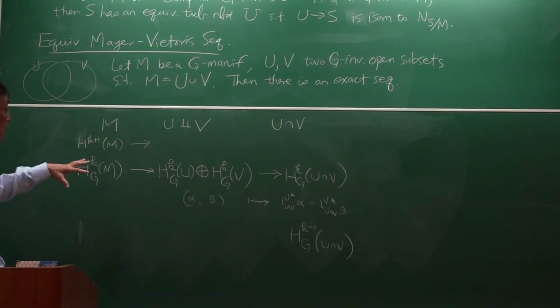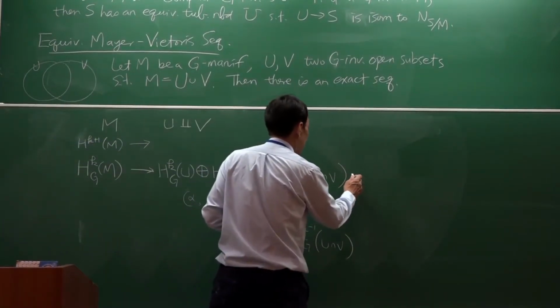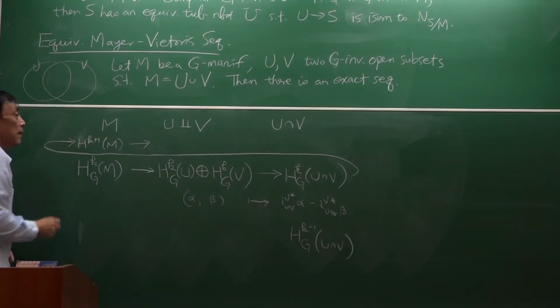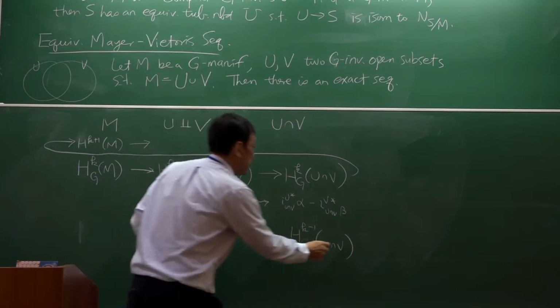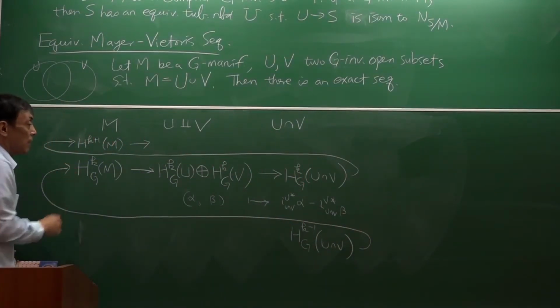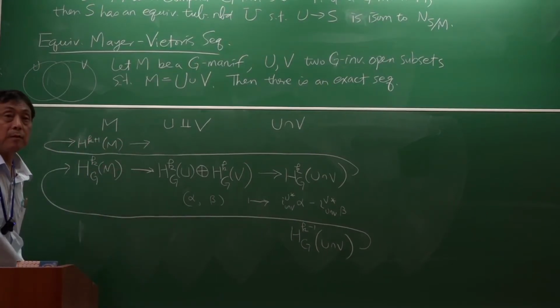And in the Mayer-Vietoris sequence, there's a connecting homomorphism. So it goes from here up to there. And there's a connecting homomorphism from here to here. Okay? So you have a long exact sequence.